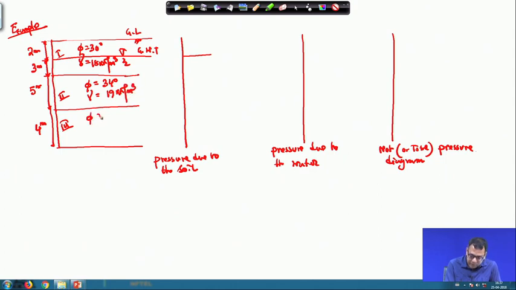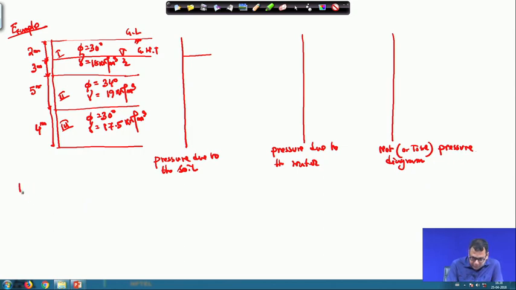Third layer phi value is 30 degree and unit weight is given 7.5 kilonewton per meter cube. Okay. So, first we will calculate the values of Ka1, Ka2 and Ka3.